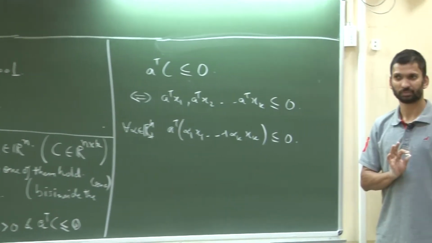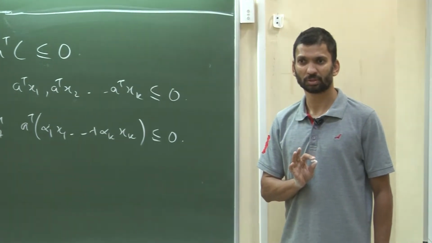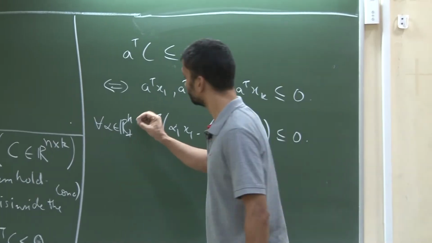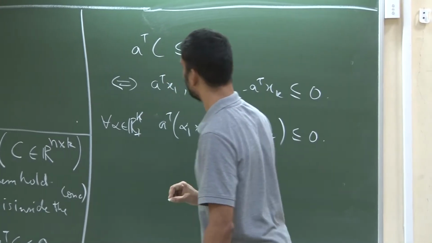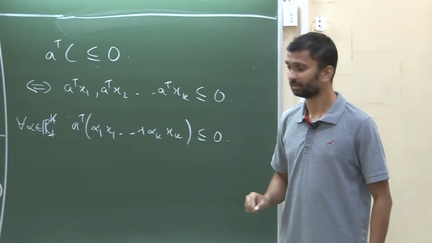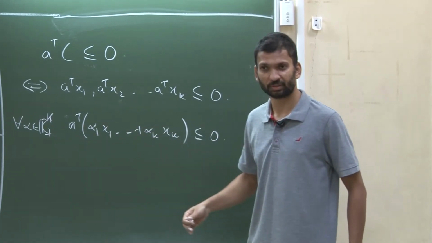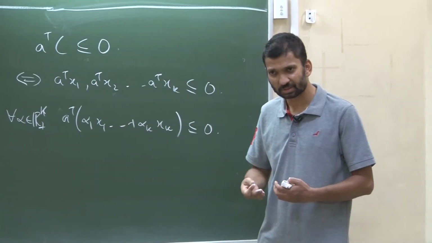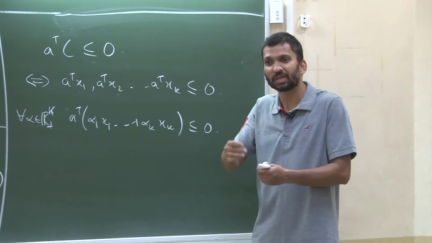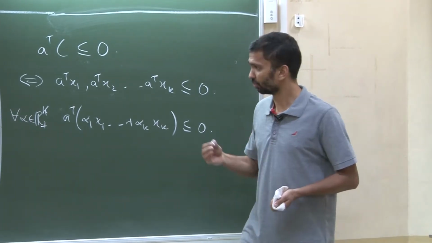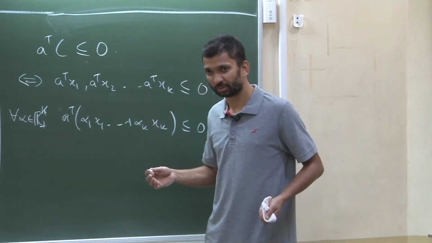Questions? Sounds good. Sorry, alpha? It is in R^k. These are the coefficients of x1 to xk. k is the number of vectors, n is the dimension of the space in which they reside.